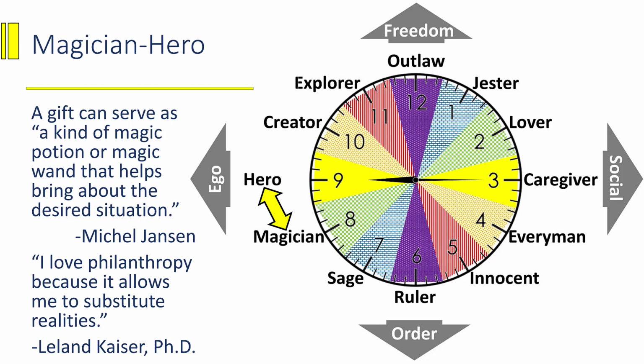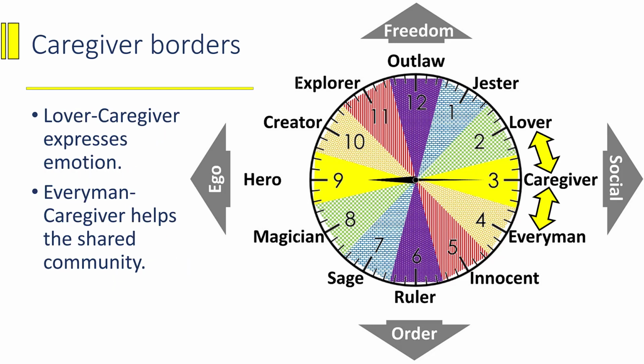It matches this character. Michael Jansen explains, quote, transformation is the key word for the magician archetype. Leland Kaiser also touches on this magical element. He says, quote, I love philanthropy because it allows me to substitute realities. Adding border elements also strengthens the other philanthropic archetype.